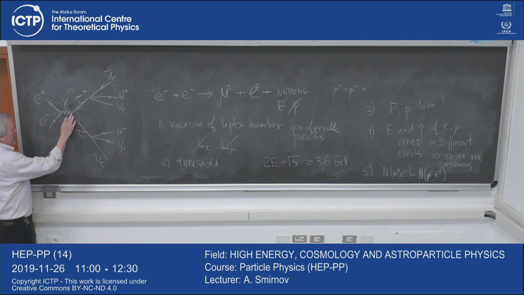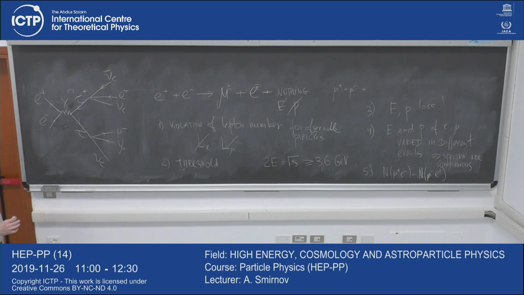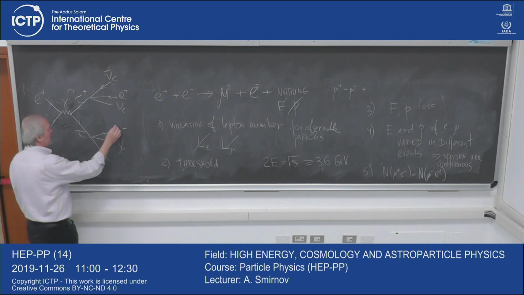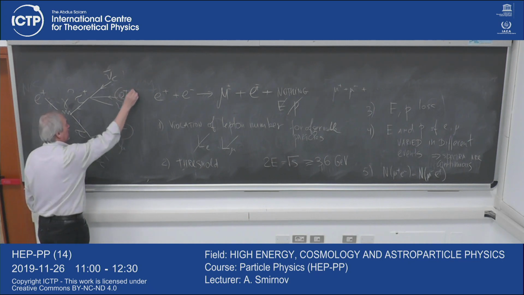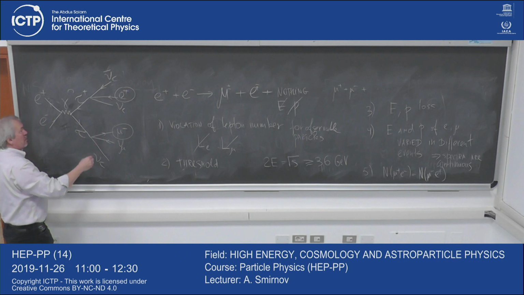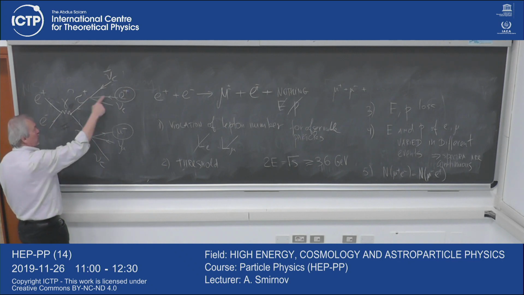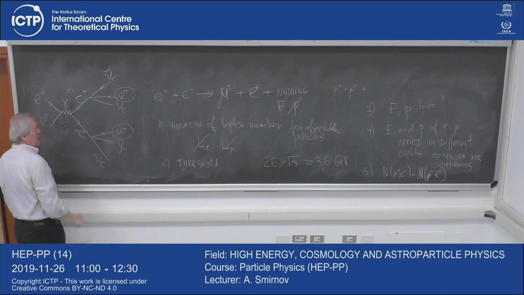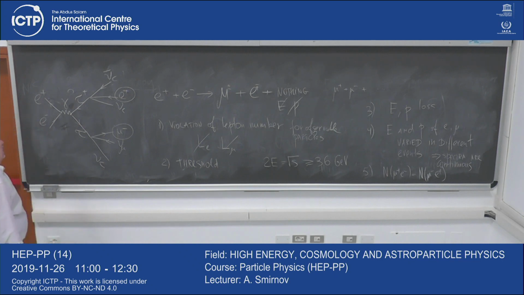You see, then how to explain all these properties? We have visible violation of lepton number. We do not see neutrinos, so you see mu minus and e plus. And of course, you will also have decays where you have a muon here, mu plus and neutrino.